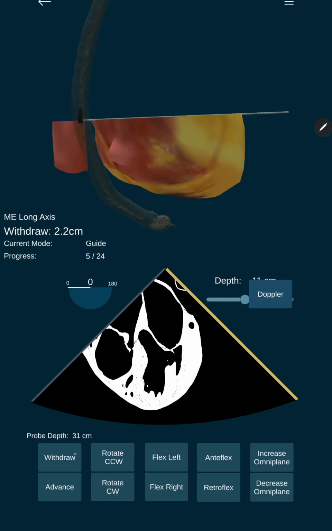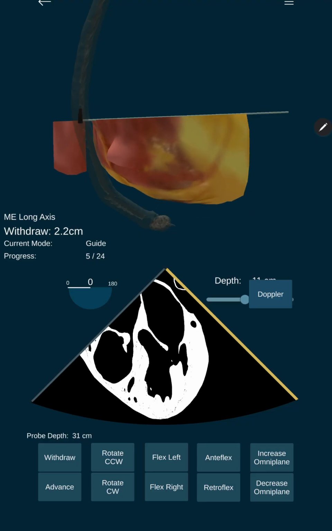So this was the A2 and P2 segments of the mitral leaflets.